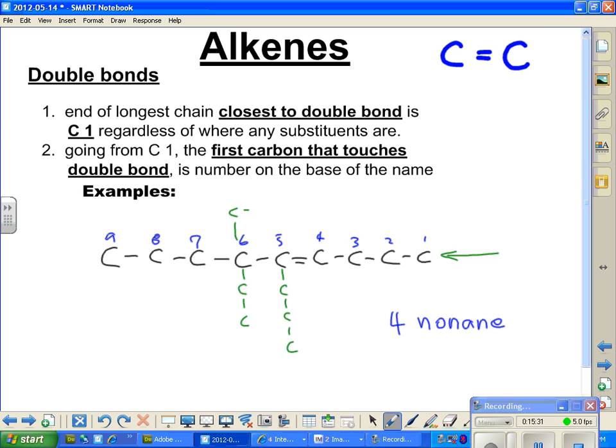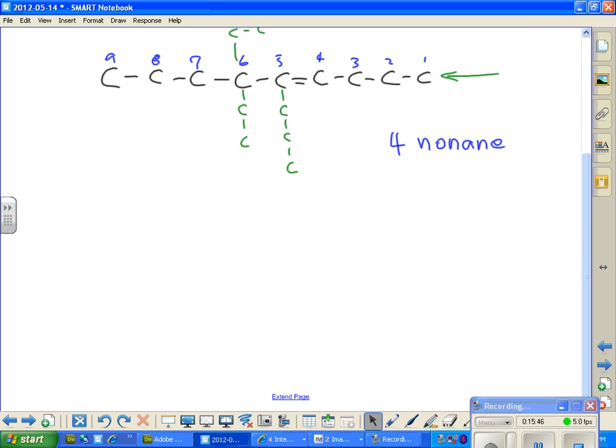And let's name this. We've got ethyl and propyl, so ethyl comes first because we always name the substituents alphabetically. And let's see what we get.